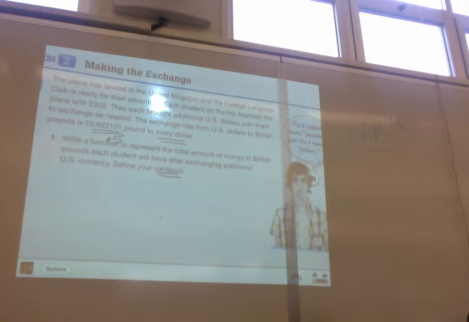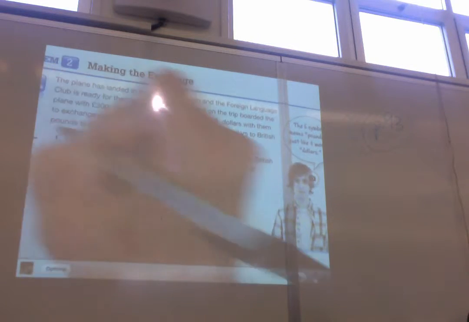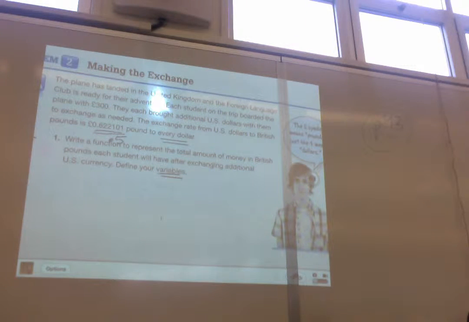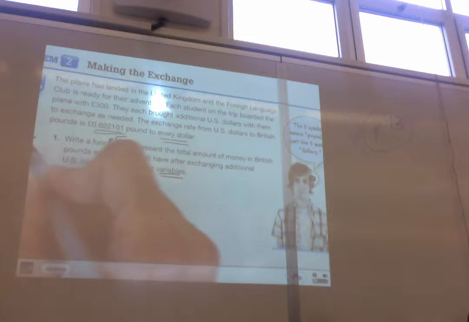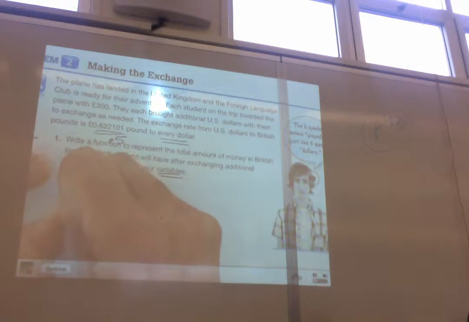A P. Because a pound sign looks like this. A lot of times you'll hear that money called sterling. I think maybe it was sterling silver that was what their money used to be based on. So that's the pound sign. Let's call it P.